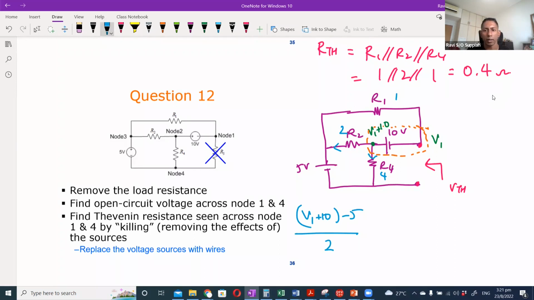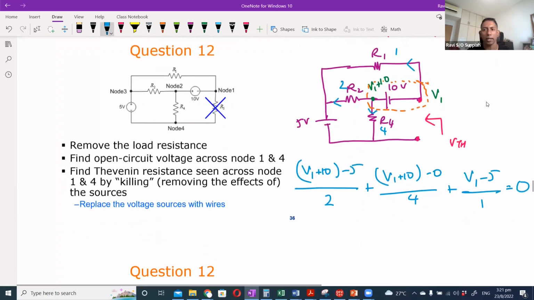Then if I take this branch over here, plus (V1 plus 10 minus 0) over 4, plus this branch over here, (V1 minus 5) over 1 equals 0. Okay, so I have an expression based on voltage analysis, and with that I can solve for V1. If I solve for V1, I'll get the answer as negative 3 volts.